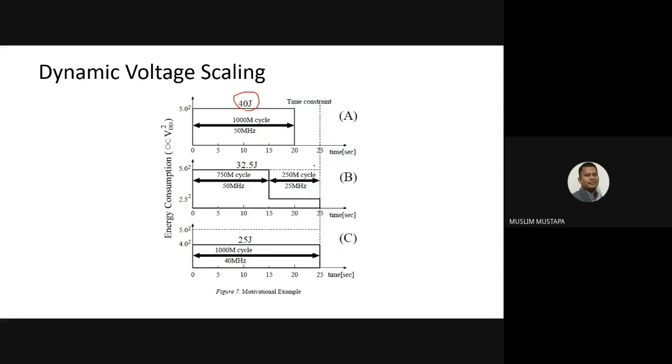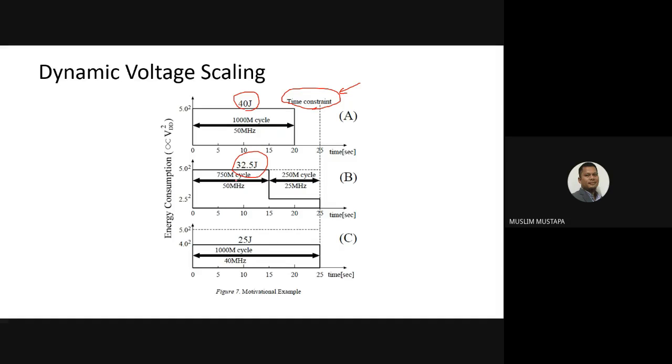But whatsoever, you have to meet the timing constraint. This is the dead end, so you cannot cross this. Once you cross this, there's nothing to be talked about. So now we are going to work within this constraint. By having this method, we can reduce to 32.5 joule.